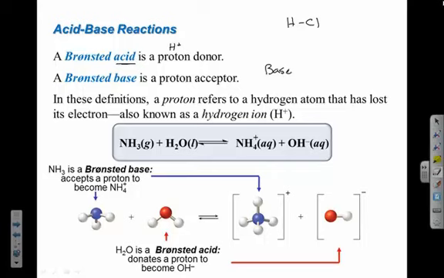So one way to think about this is to think about this bond between the H and the Cl. It starts to break, and these electrons are moving toward the Cl. So the hydrogen is starting to become more positively charged because it's losing its electrons. They're moving to the Cl, and the Cl is starting to become negative.